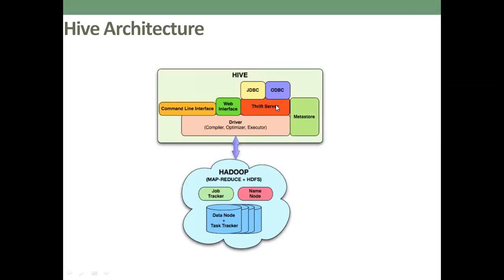For that we need to enable this thrift service. Once we start the Hive server, this feature will automatically be there. But if you want to write Hive queries from Java using JDBC, we need to start the Hive server, and also if the database is in some other remote place, we need to start the metastore also. So this is about the Hive server and thrift server.